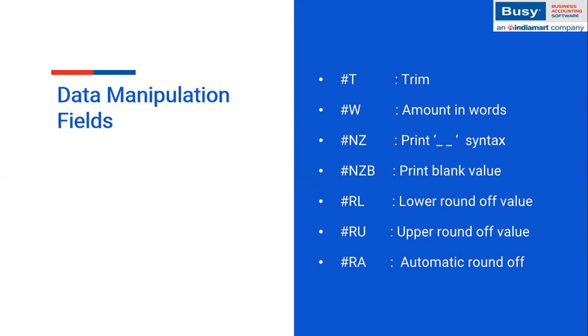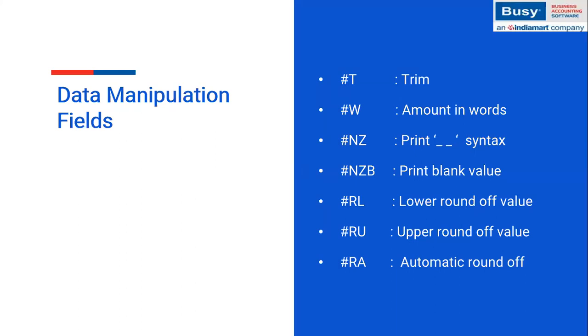Hashtag RU is the upper round of value. If the invoice amount is 19.88, it will round up, so it will print 20.